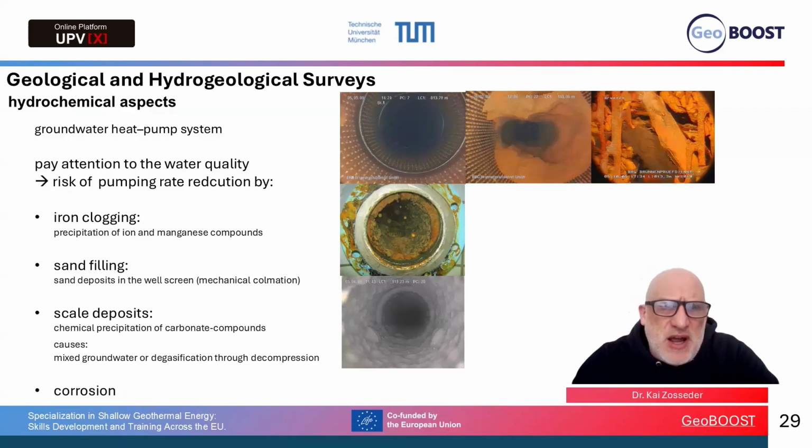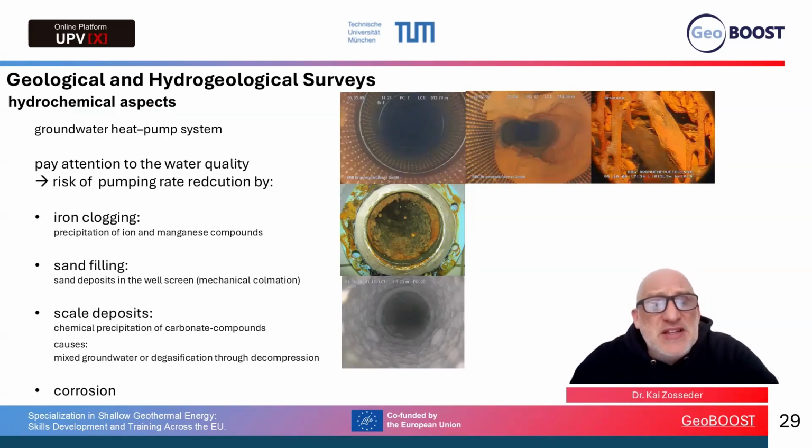Hydrochemical aspects are good to know, because we have some iron clogging effects. For example, you can have some scaling. If you have a lot of carbonate in your water and then you change the temperature, the carbonate balance changes, and then you can have scaling, what you see in some of those pictures at the top. Then the productivity of your well is reducing, and this could lead to your groundwater heat pump not working anymore.